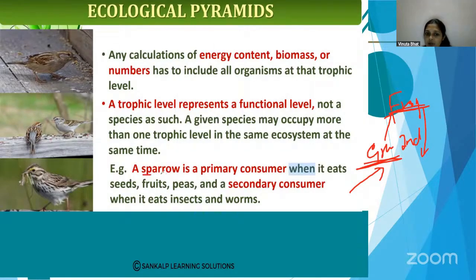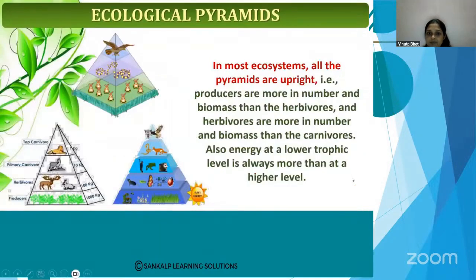A sparrow is a primary consumer when it eats seeds, fruits and peas, and a secondary consumer when it eats insects and worms. So the trophic level for a particular organism will not be the same. In most ecosystems all the pyramids are upright.